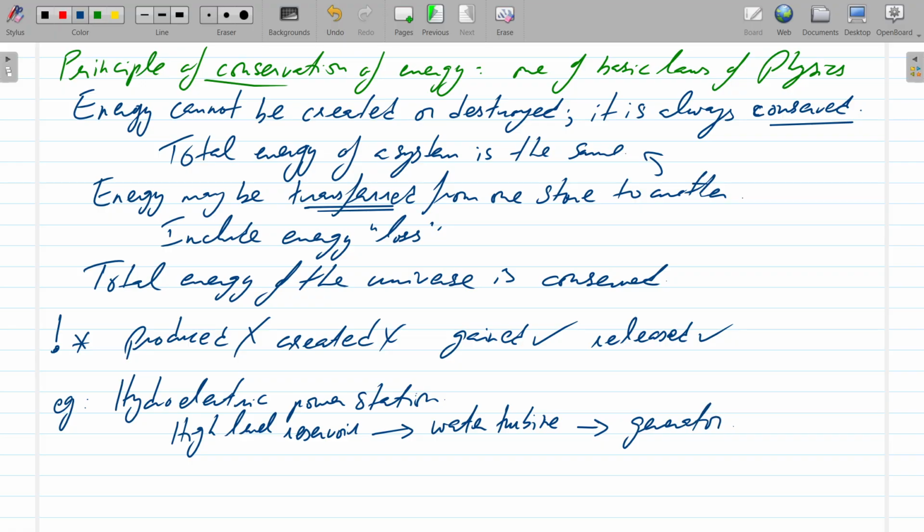So you've got gravitational potential energy of water to kinetic energy of water to kinetic energy of the turbine to different energy stores, as required by consumers, let's say. So you're trying to generate electricity.